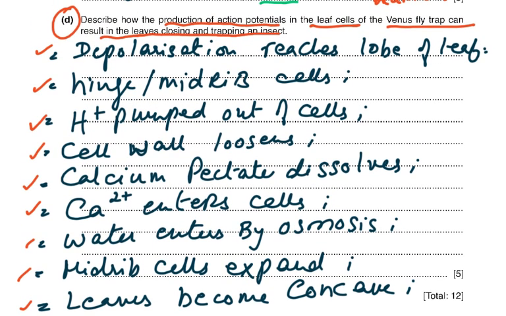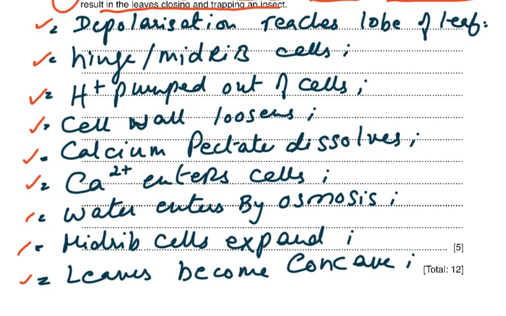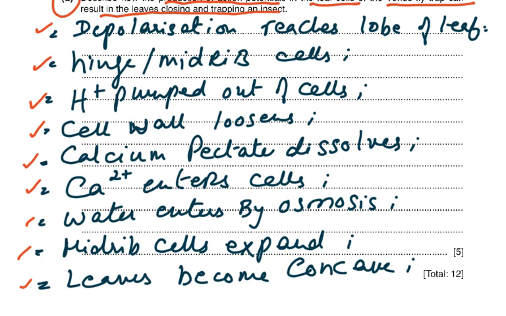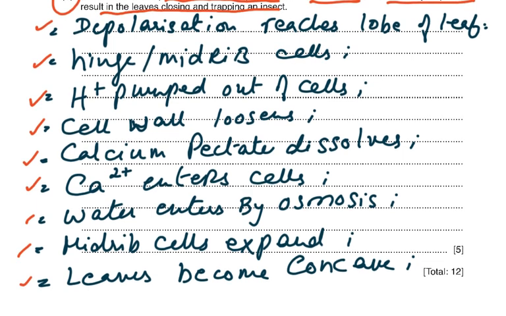All this detail is not really specified in the syllabus, but still we needed to know all this. So, depolarization reaches the lobe of the leaf, actually reaches the midrib cells, and the midrib cells respond. H positive ions are pumped out, the cell wall loosens, calcium pectate dissolves, and the calcium enters the cells, water enters by osmosis, midrib cells expand, leaves become concave.